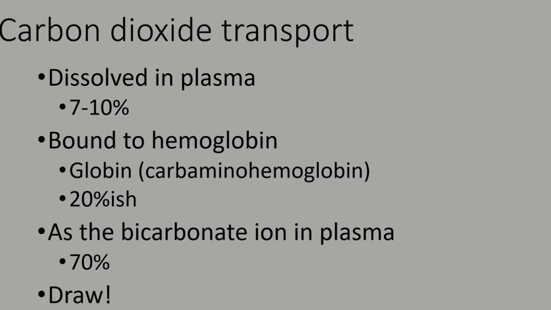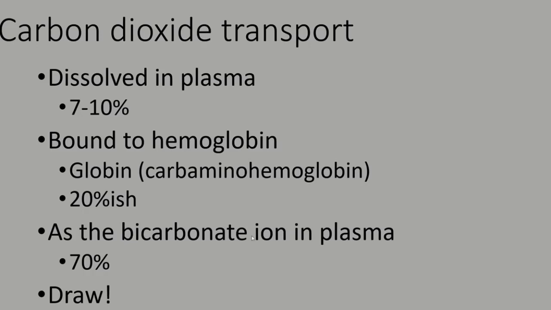Now, oxygen, remember, binds to the heme group, but carbon dioxide binds to the protein, to the globin part. And when carbon dioxide is bound to hemoglobin, we call that molecule carbaminohemoglobin, HbCO2, carbaminohemoglobin.